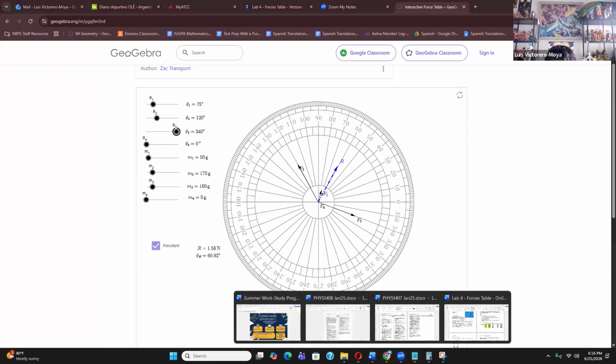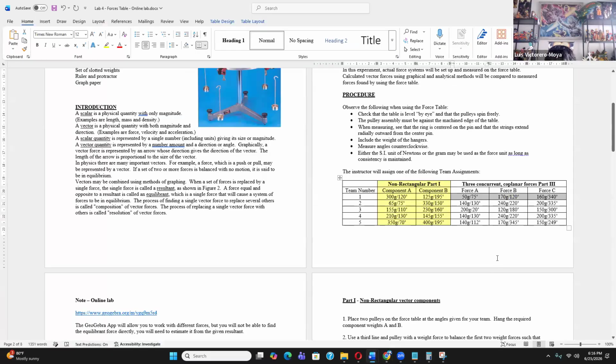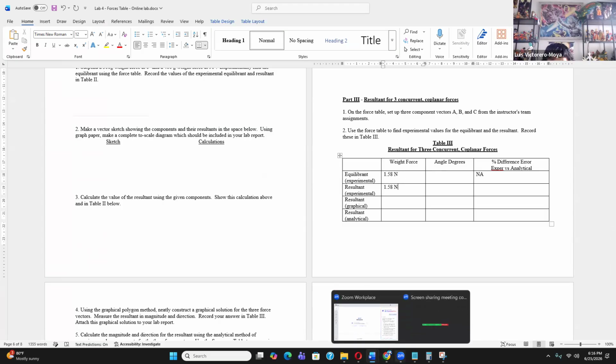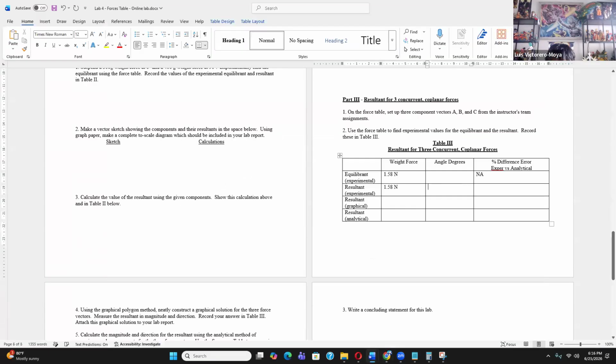So let's see what we can start filling up here. Equilibrium, resultant, experimentals. The angle for the resultant is 60.82. The graphical, don't worry about this, guys.